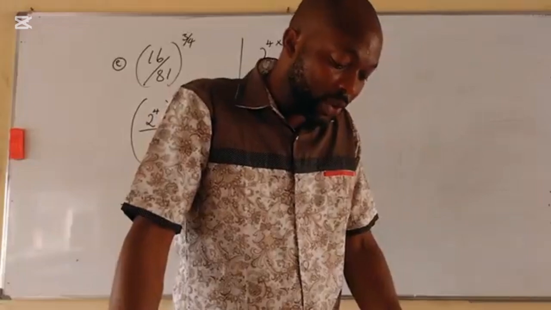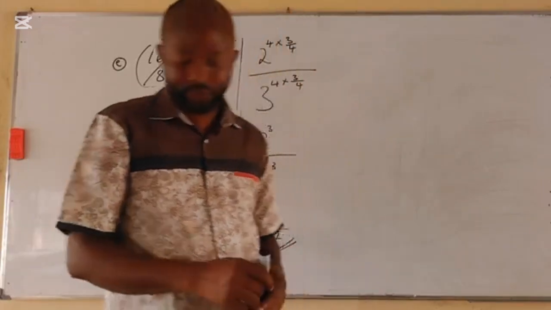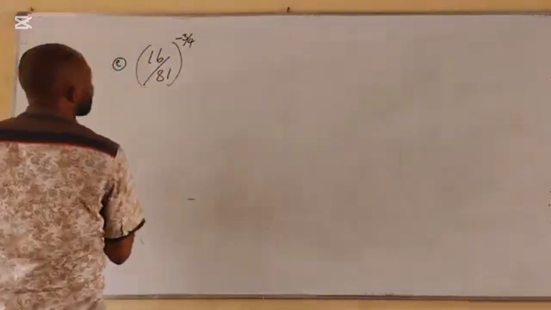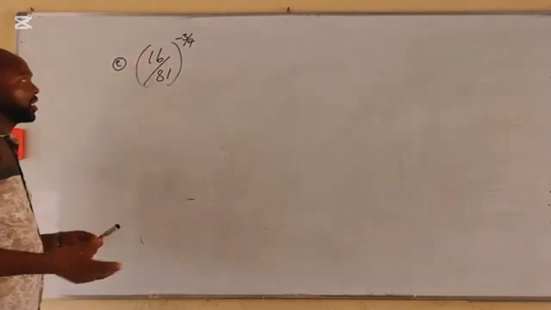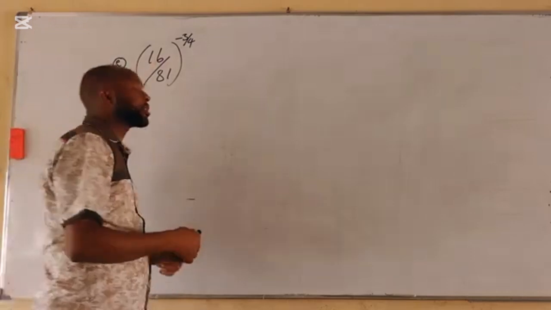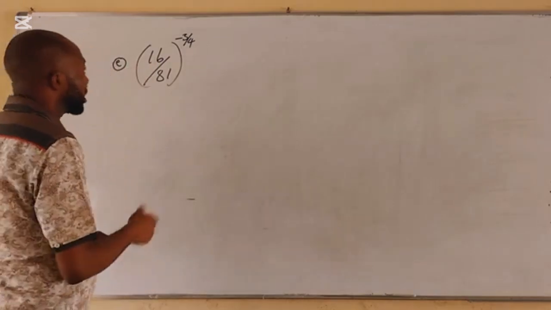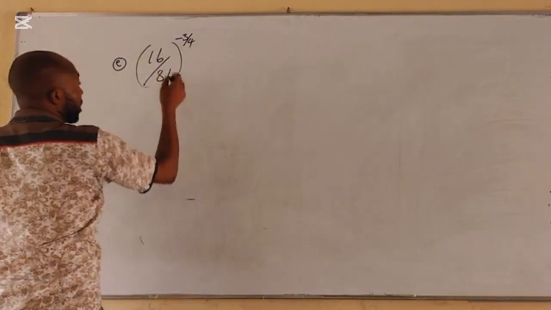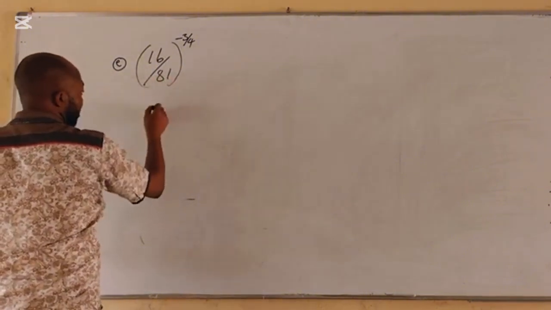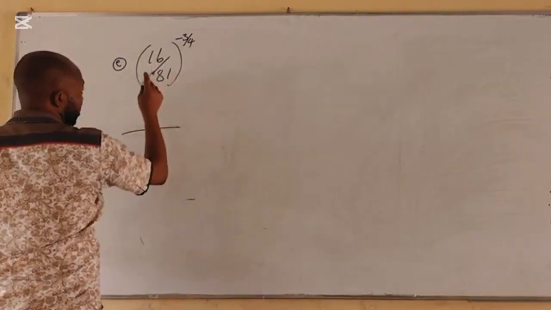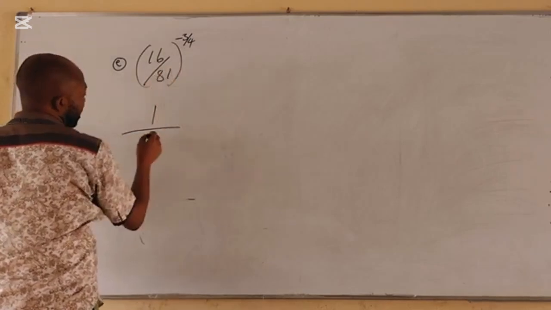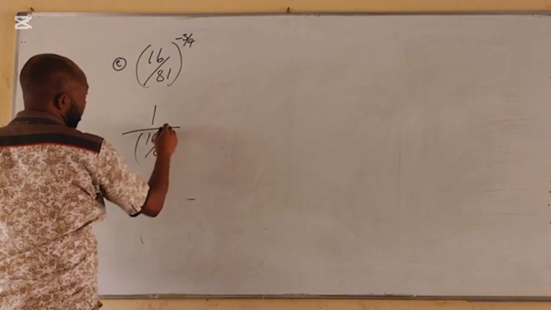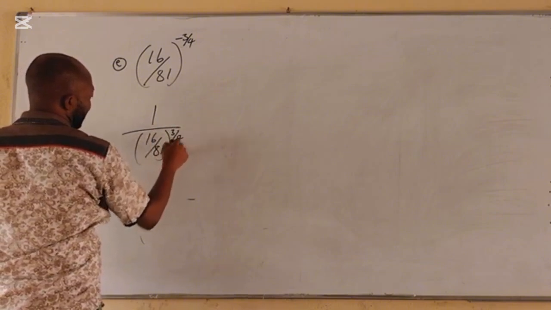16 over 81 raised to the power minus 3 over 4. So first thing is, this is a negative index law, in as much as it has other laws to be applied. It says that when a number is raised to a negative index, it is equal to the reciprocal of this number, which is 1 over 16 over 81 raised to the same positive index.